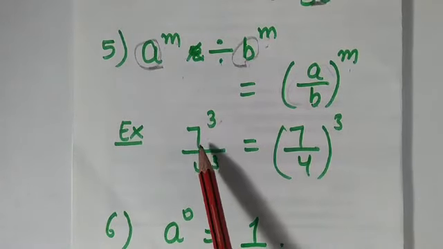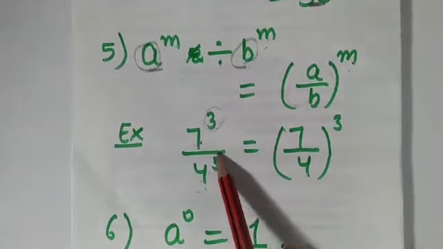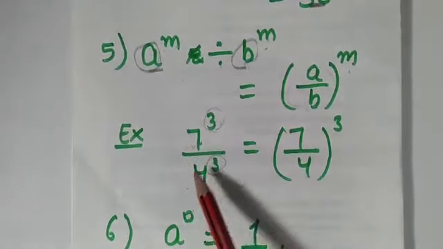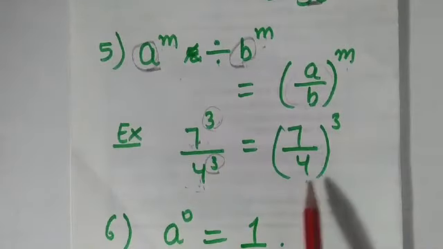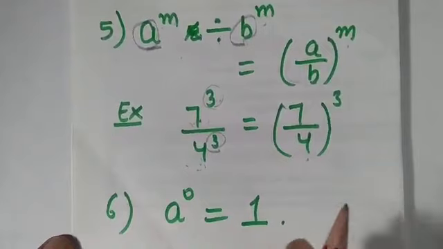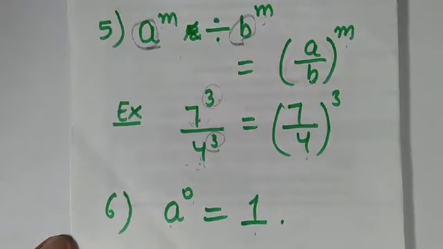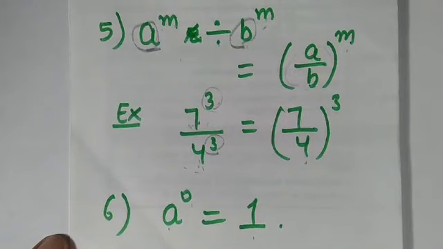Here the powers are same and the bases are different. So this can be written as 7 by 4 whole raised to the power 3. And the sixth law that we have learned is that any number raised to the power 0 is always 1. So this is all about the lecture.